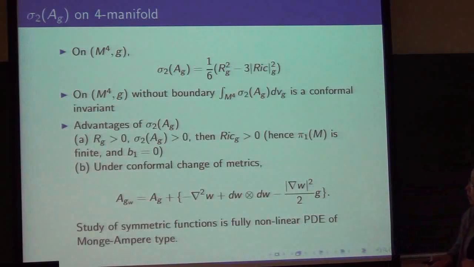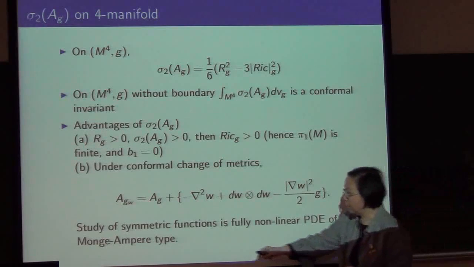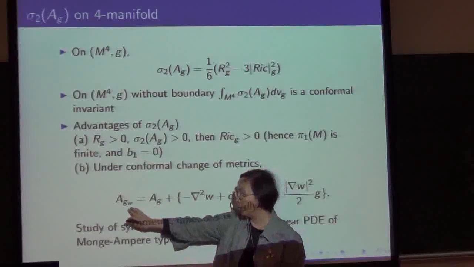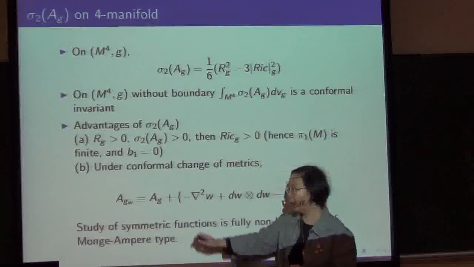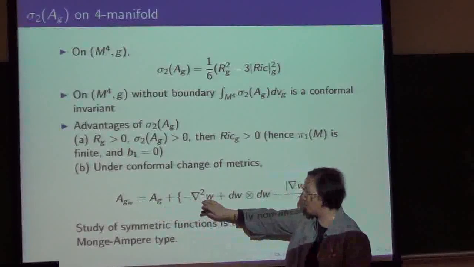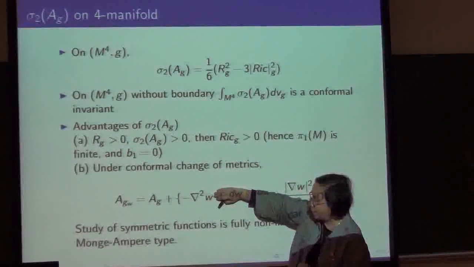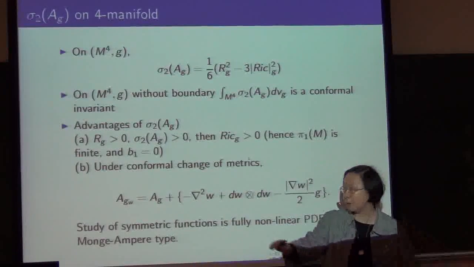And then the second advantage of this symmetric form is the following. Under conformal change of the metric g to g_w, the Schouten tensor changes, and the Schouten tensor changes by changing to the Hessian of w. So the trace of the Hessian of w is the Laplacian, so that's the Gaussian curvature equation.